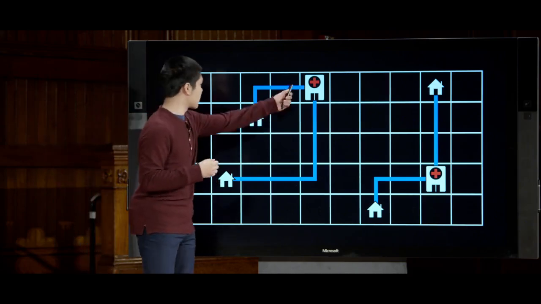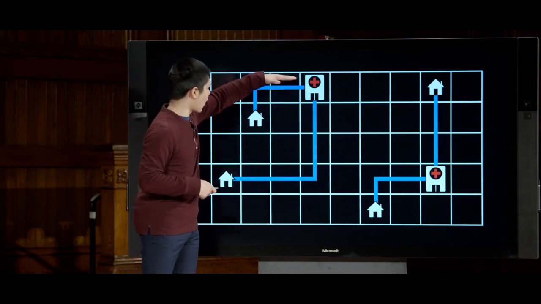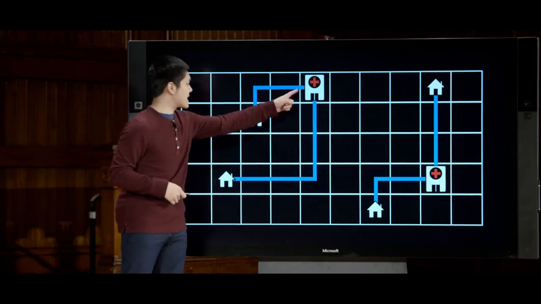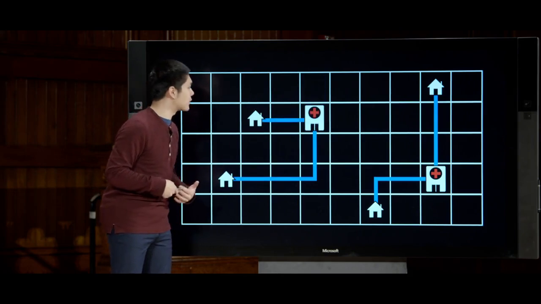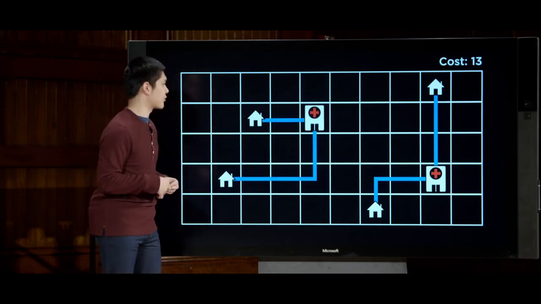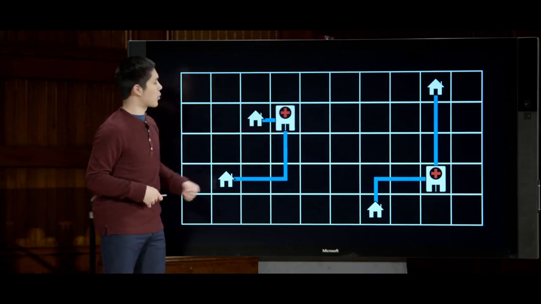If we consider this hospital, for example, we might imagine that right now it's a bit far up, that both of these houses are a little bit lower. So we might be able to do better by taking this hospital and moving it 1 square down, so that now instead of a cost of 15, we're down to a cost of 13 for this particular configuration. And we can do even better by taking the hospital and moving it 1 square to the left.